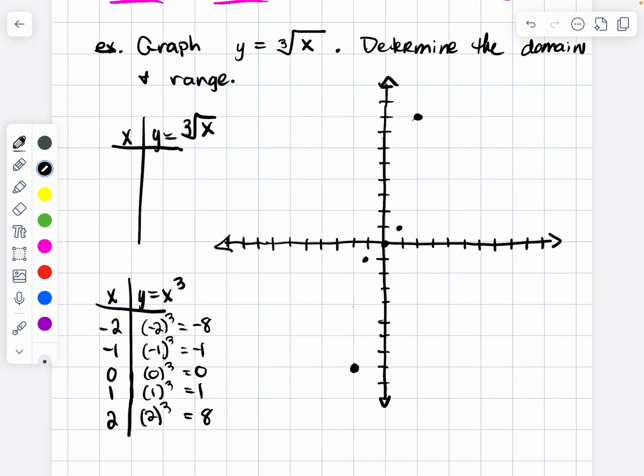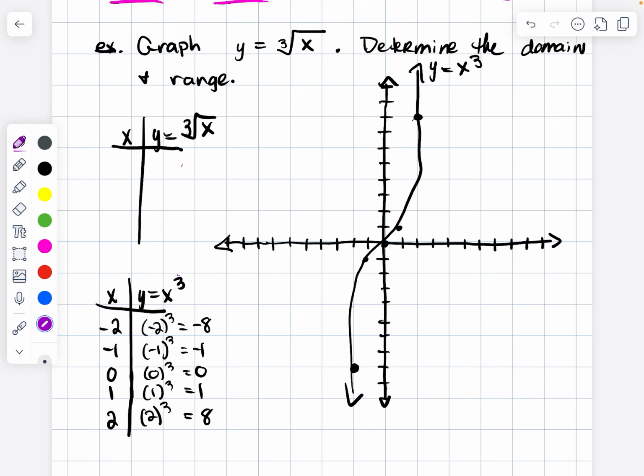So this is my y equals x cubed. When you ask me why I'm going to choose the domains here, I'm going to do this one in purple, it's because of what I know about y equals x cubed.